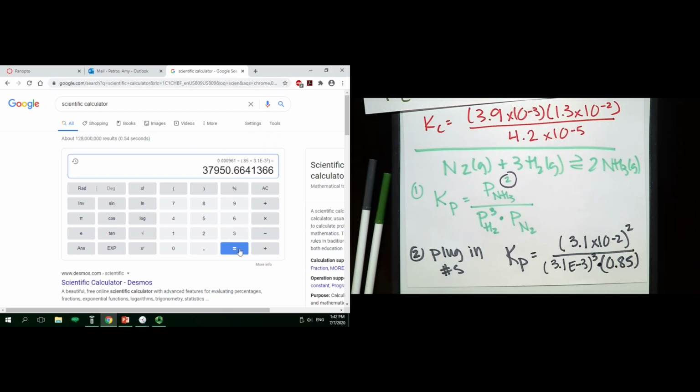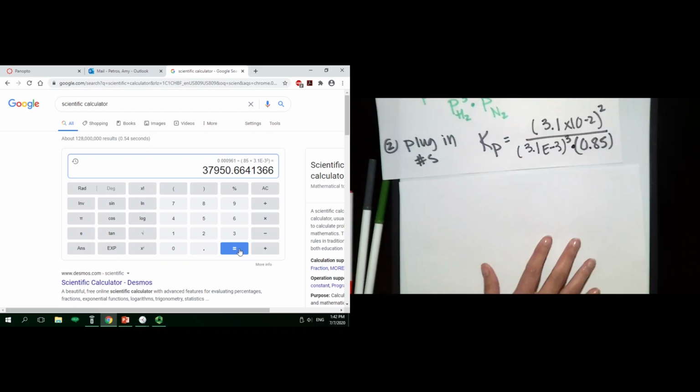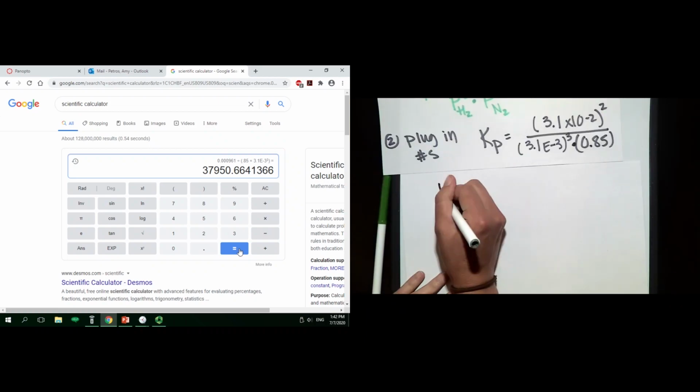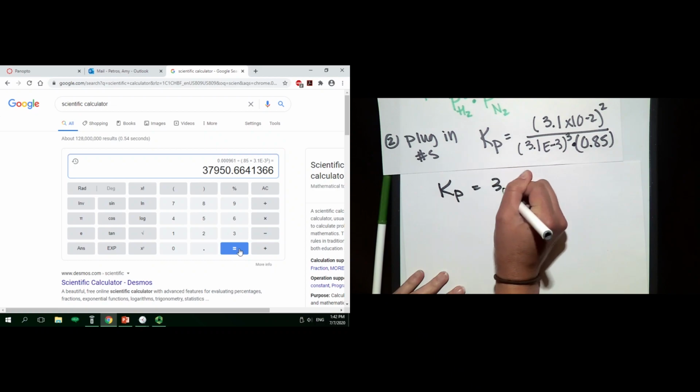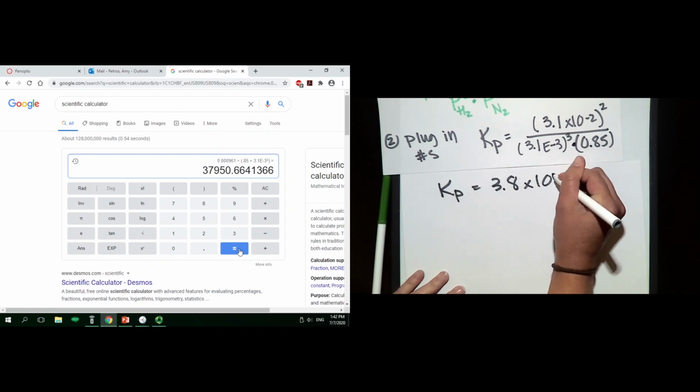Oh, that's a big one. So about 3.8 times 10 to the 4th is what I get. So Kp at this temperature is 3.8 times 10 to the 4th.